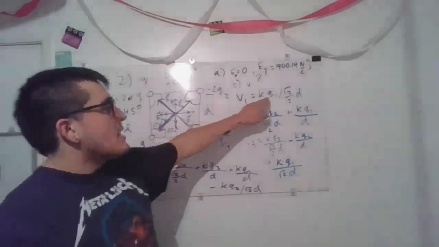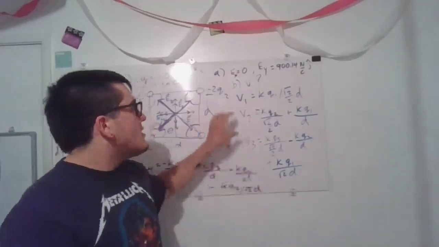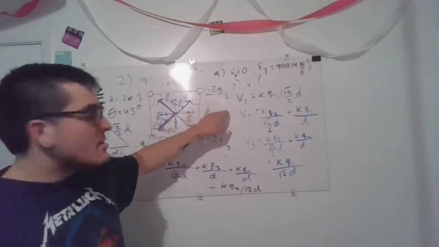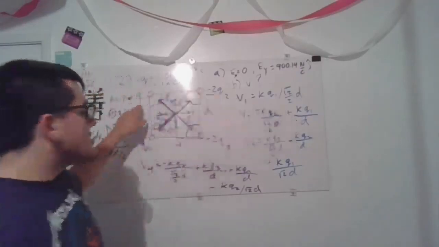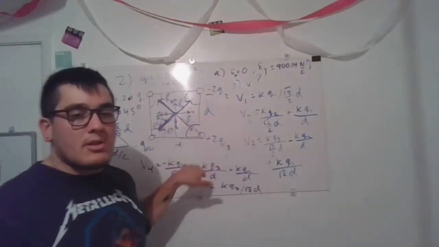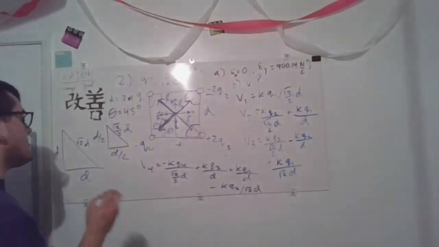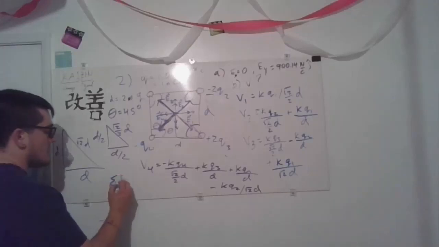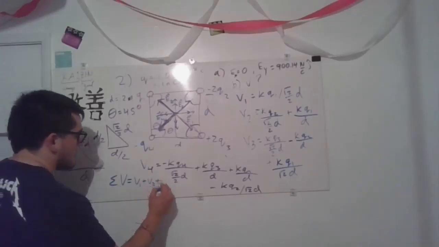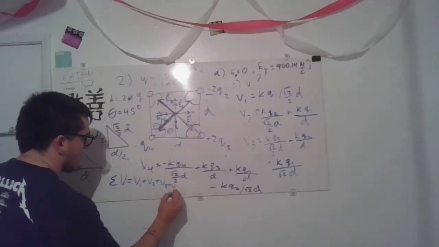So KQ1, rho 2 over 2D. Then you have this one. This one's negative because that charge is negative. This one's positive because this charge is positive, so on and so forth. Now you have all of these, and all you must do at the end is sum the voltages: V1 plus V2 plus V3 plus V4.